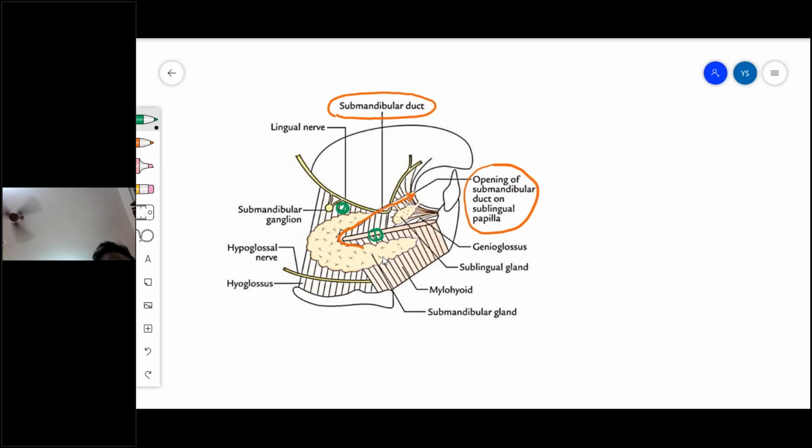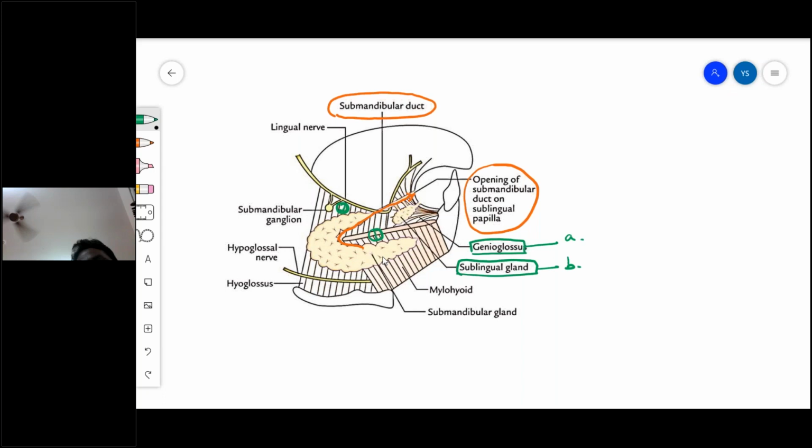And second, it passes between the green color boxes that I am showing, A and B. You can also see that in the labeling.